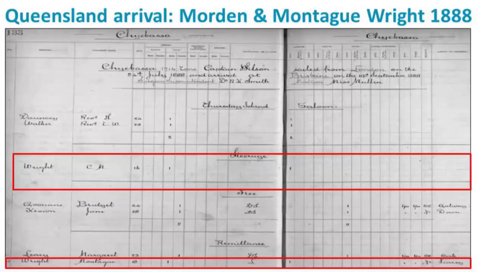But because we know that they've come out on the same ship, they're both getting off at Thursday Island, which is where the other brother was, the first one that came out. We know that it has to be him. So they came out on the Charbessa in 1888.